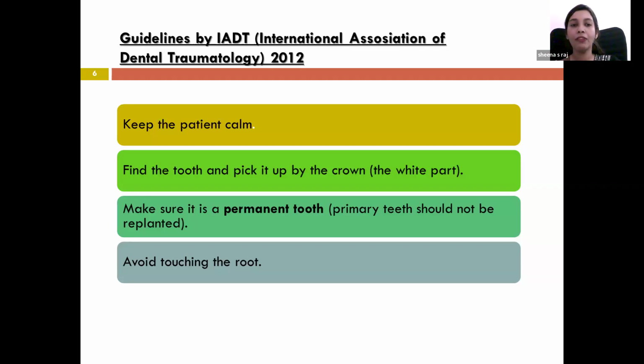They have given, first, keep the patient calm, find the tooth and pick it up by the crown. Never use the root part, and make sure it is the permanent tooth. That is very important. Never use the primary tooth and avoid touching the root part.